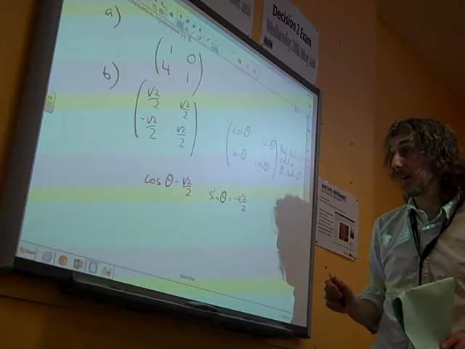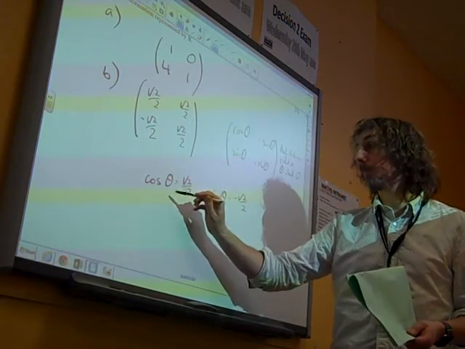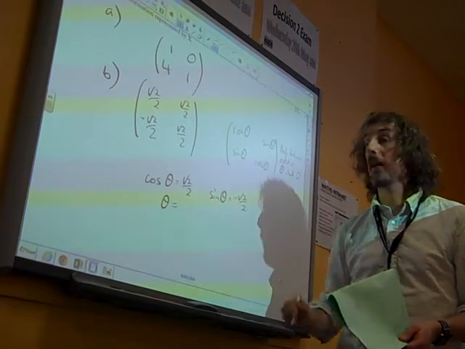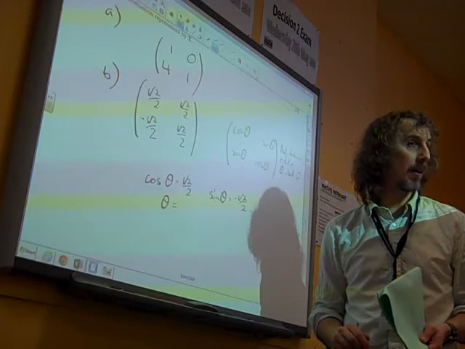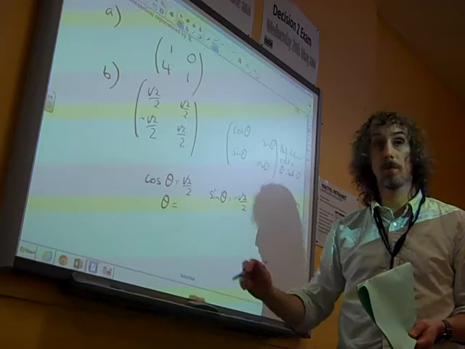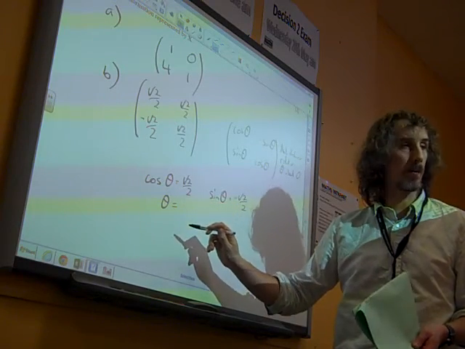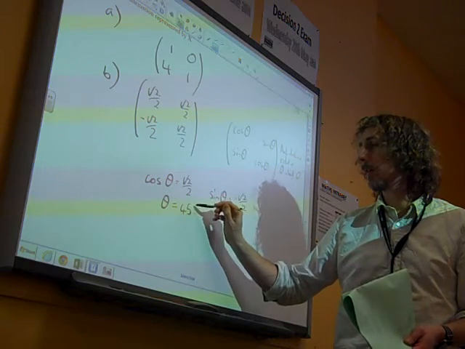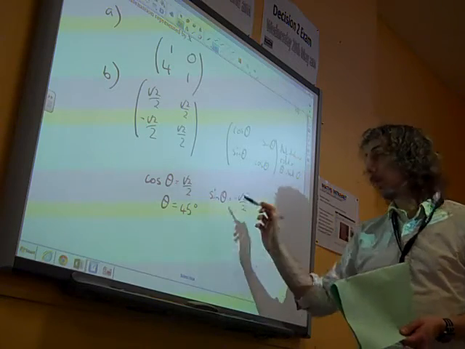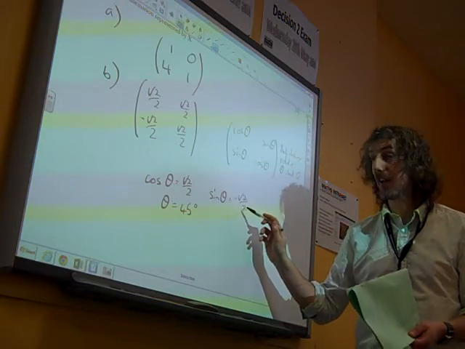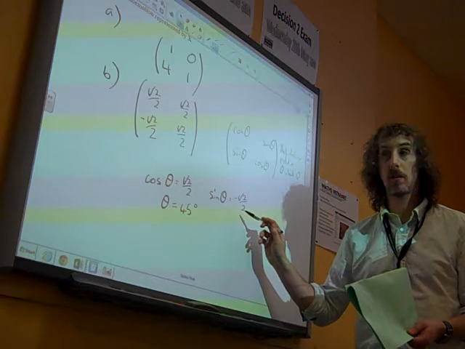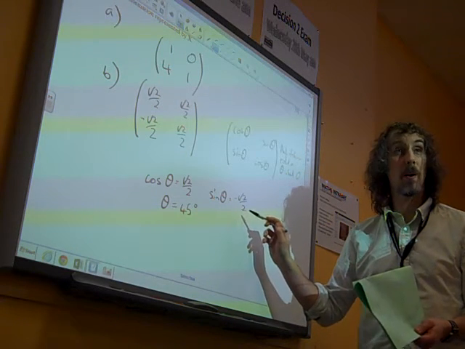Well, if cos theta is root 2 over 2, if we do inverse cos on our calculator it says pi by 4, or 45 degrees. Shall we work in degrees? 45 degrees. Definitely work in degrees. If we do inverse sine of minus root 2 over 2, our calculator doesn't say 45 degrees. It says minus 45 degrees.